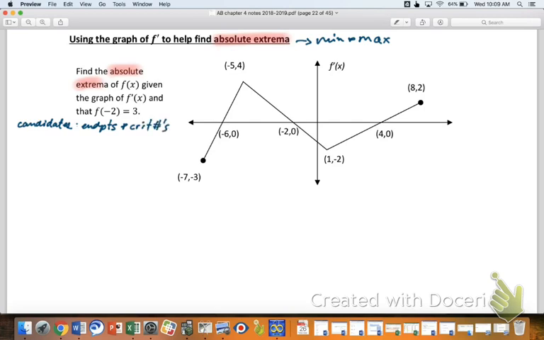Okay, so what would the endpoints be? -7 and 8. Yep. I'm going to start my little table here, my x's and my y's. And I'm going to use -7, and I'll just put the 8 down there.